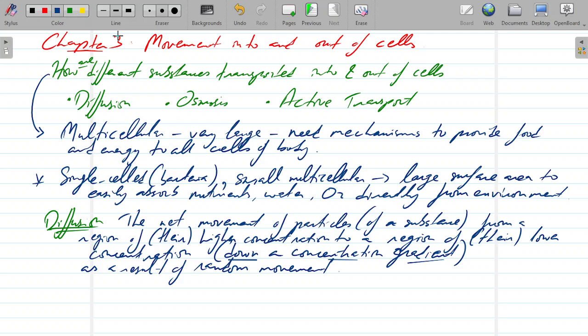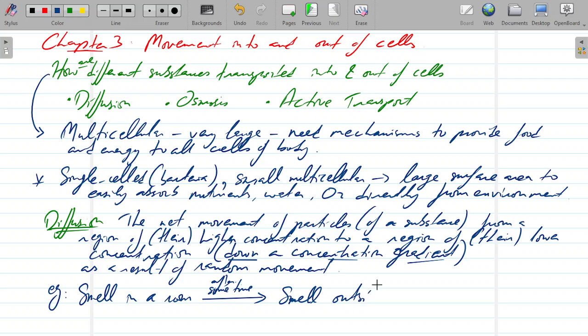So, for example, you are in a room, there is a smell in the room, and after some time, you can detect that smell outside the room.